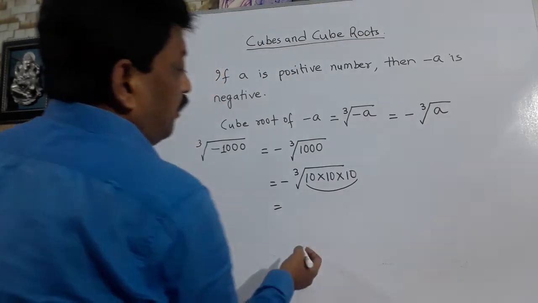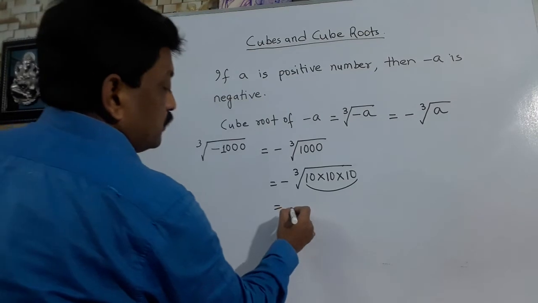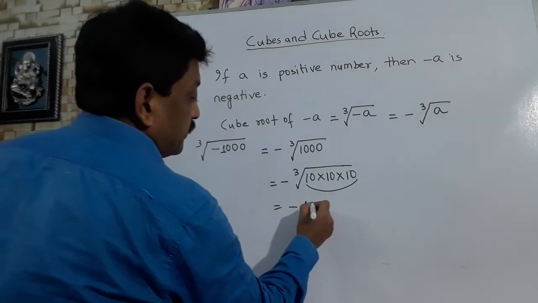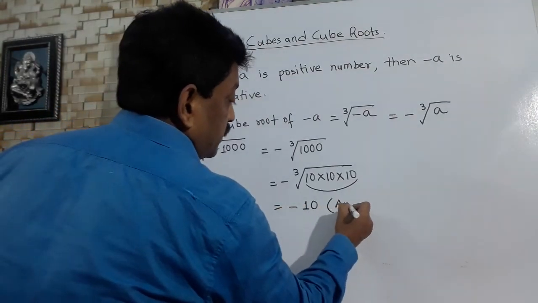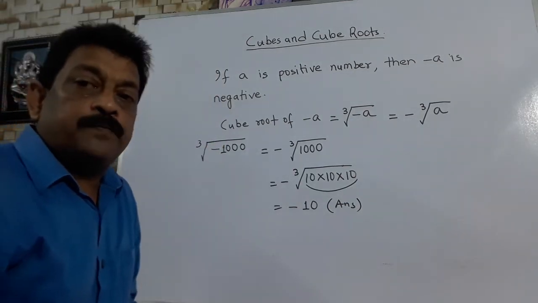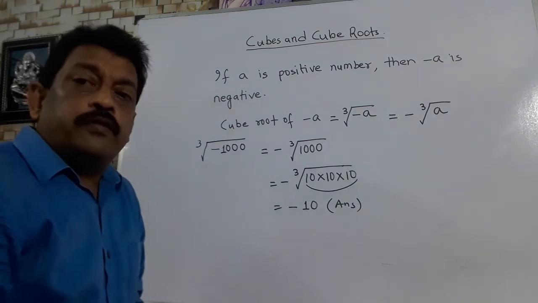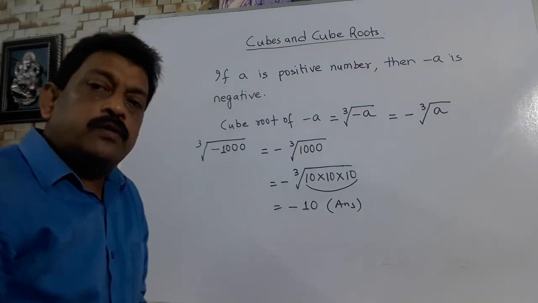According to the rule, one member of the triplet will come out, so it will be minus 10. Therefore minus 10 is the cube root of minus 1000. So it is clear from the above result that the cube root of a negative number is also negative.